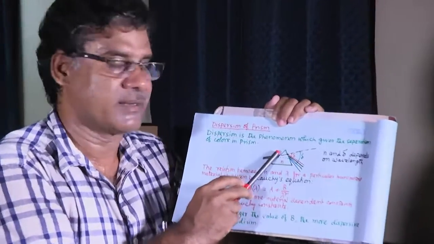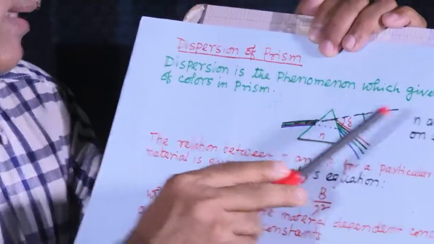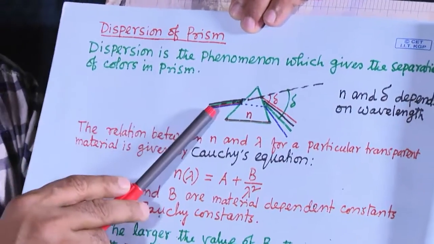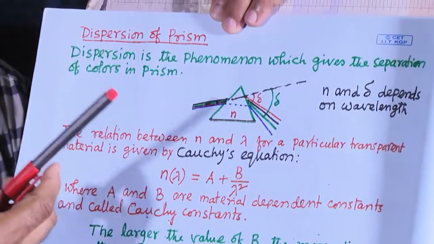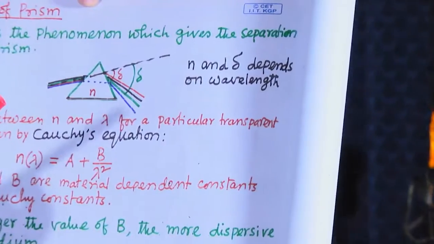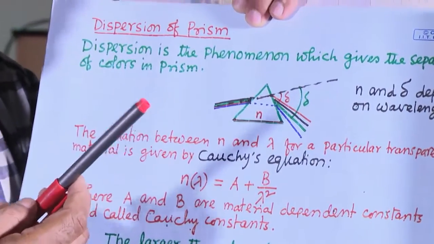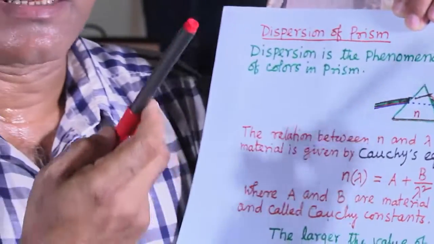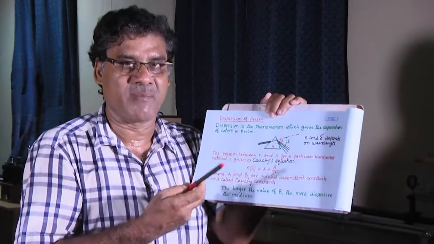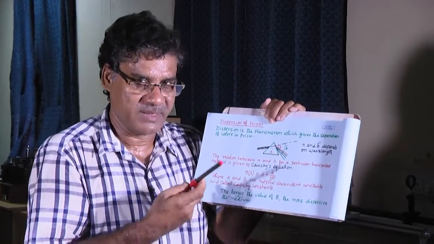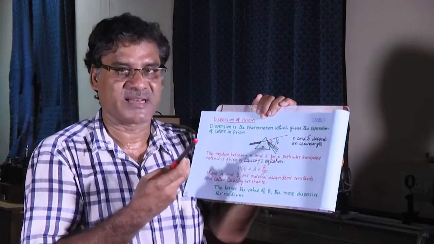Dispersion is the phenomenon which gives the separation of color in a prism. Say white light has all sorts of colors. So it consists of many different wavelengths, means different colors.